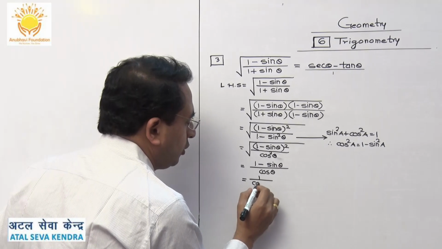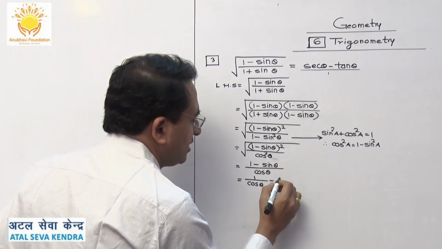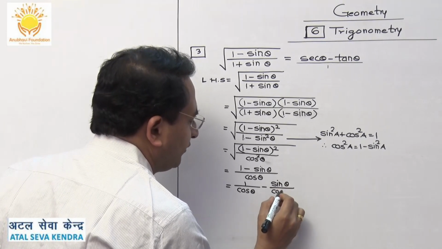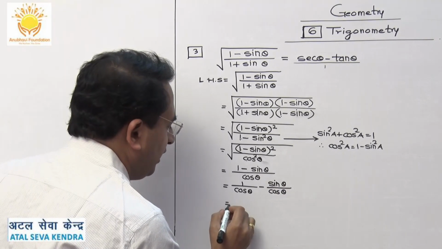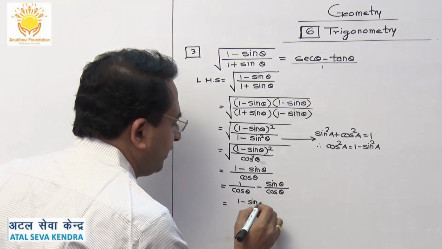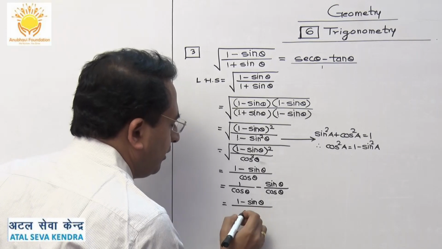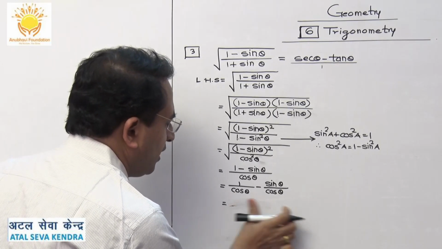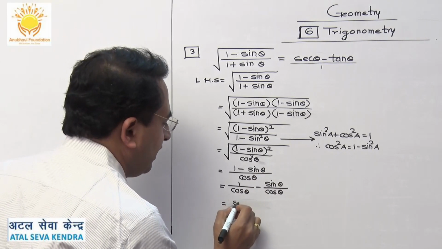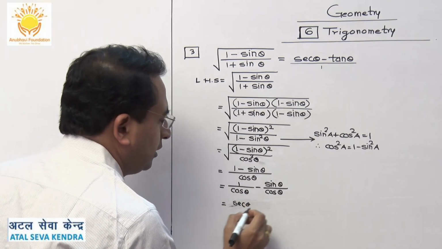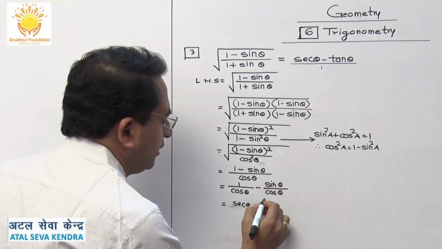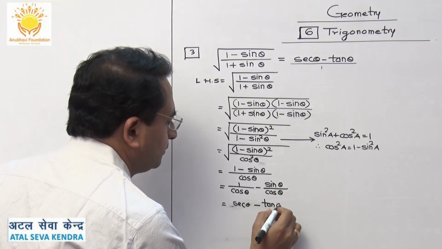It is 1 upon cos of theta minus sin theta upon cos of theta, and definitely you will end up with 1 upon cos of theta, you know it is the reciprocal of sec, so it is sec theta, minus, there is a formula for sine upon cos, that is going to be tan of theta.